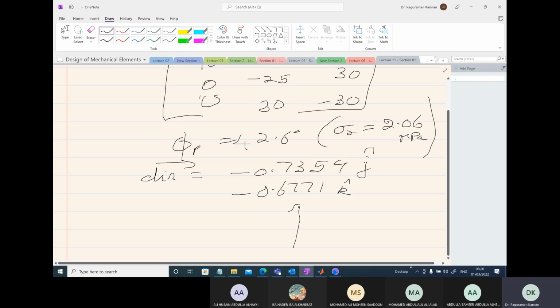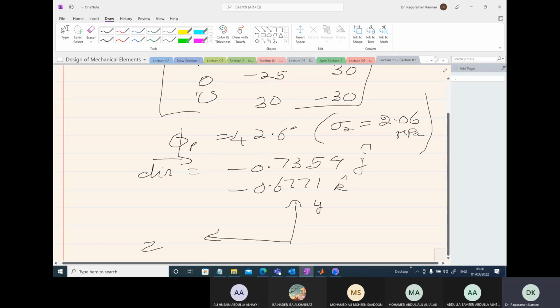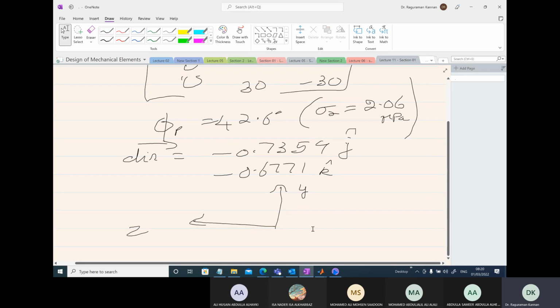So if you draw the y-axis, and let's say z-axis, this is the positive direction. The angle is given, the direction, not the angle. So the direction is given by negative y-axis here and negative z-axis, some direction like this.